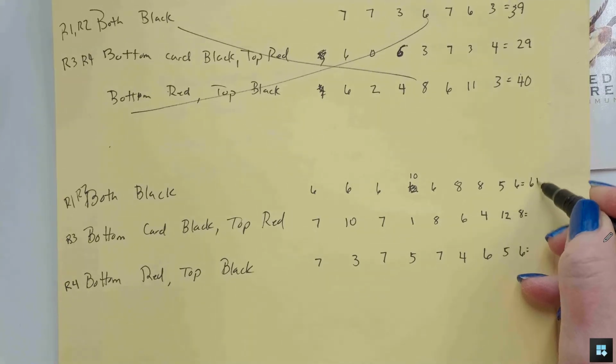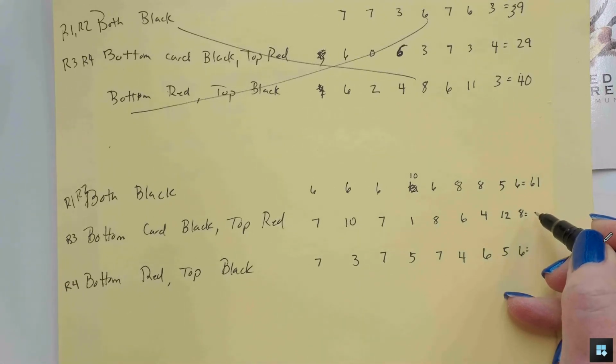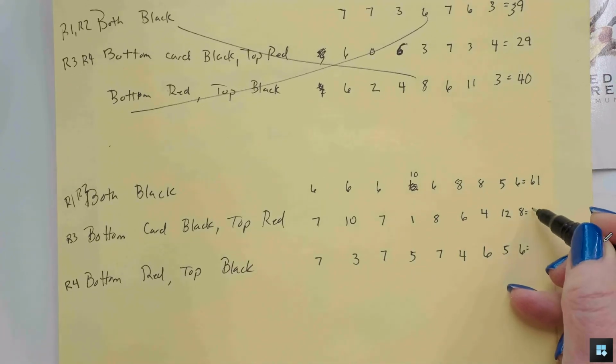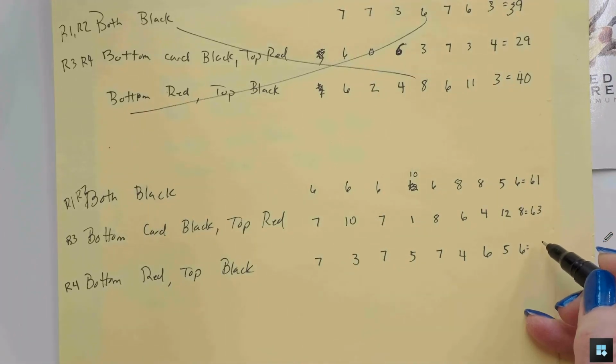Okay. And how about the middle? What did you get here, row 3? 63, and did you confirm that with somebody? You had 63 also? All right, thank you. And how about this row? What did you have? 50, and you confirmed that with people? Okay.